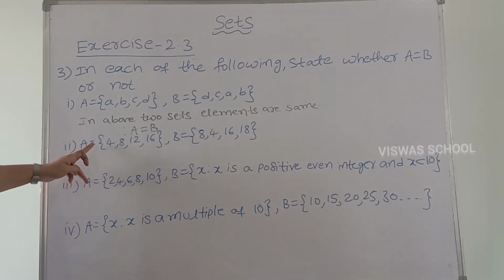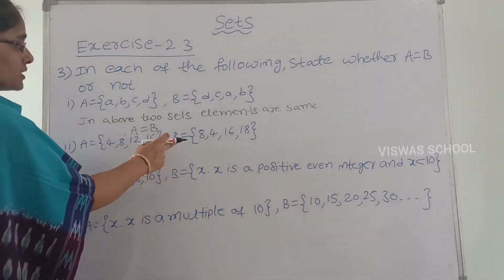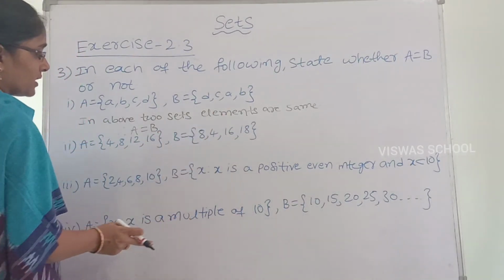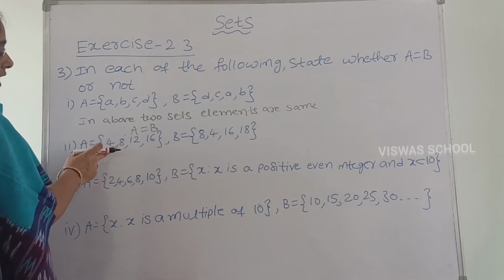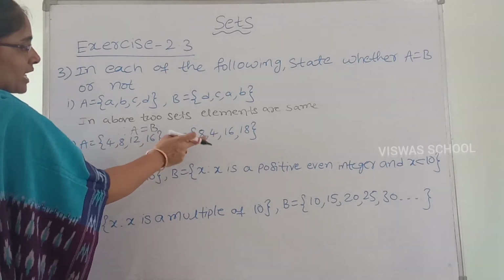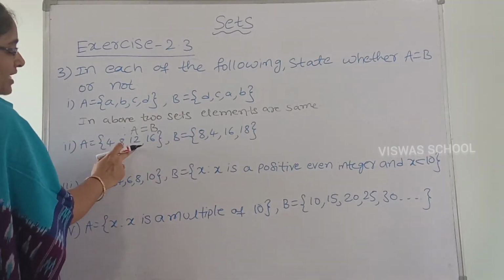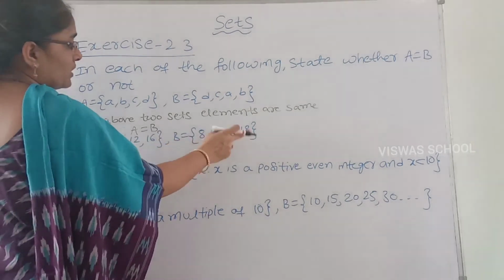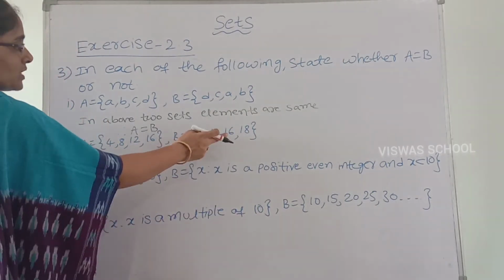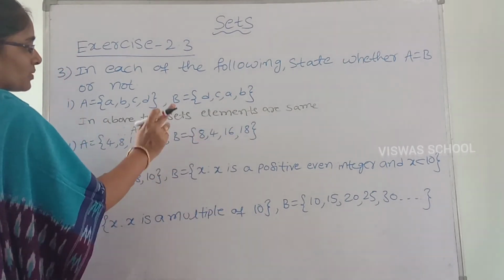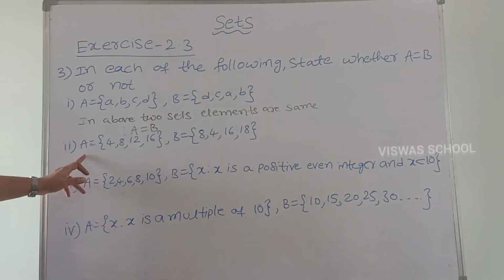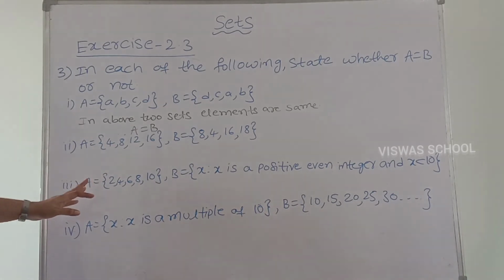And next observe this one. A equals {4, 8, 12, 16} and B equals {8, 4, 16, 18}. In set A we have 4, 8 and in set B we also have 4, 8. But in set A we have 12, 16, and here 16, 18. Here 16 is there, but 12 is not in B. That is, A and B do not contain the same elements.